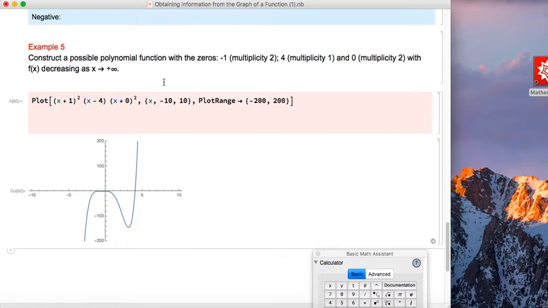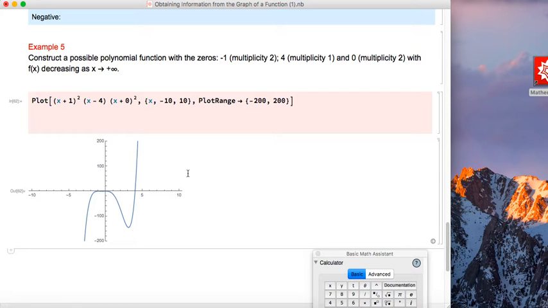Okay, now the last thing we want to check: f(x) should be decreasing as x goes to positive infinity. That means when x goes to the right, toward positive infinity, f(x) is supposed to be decreasing. But in this case the graph is increasing when x goes to positive infinity.